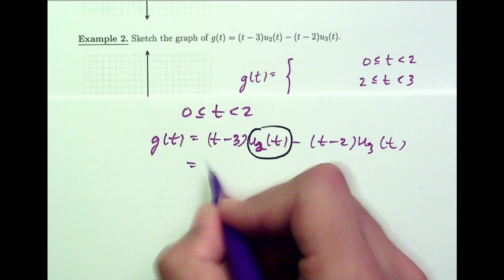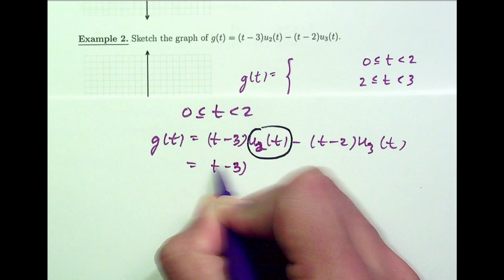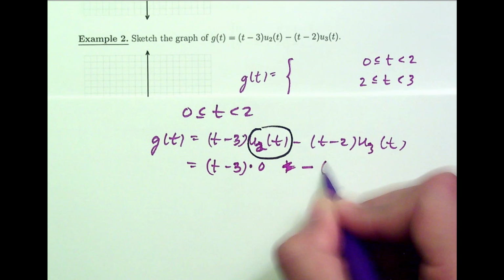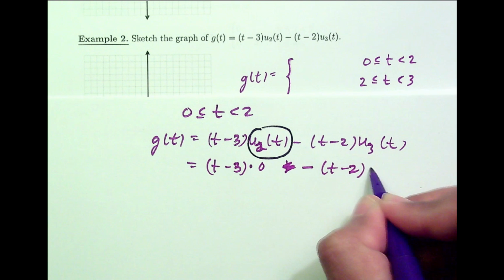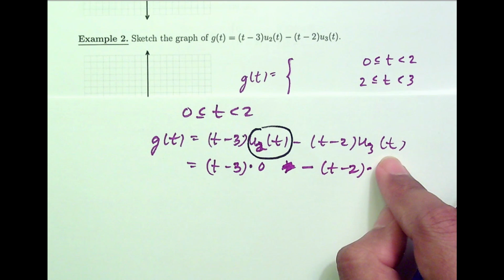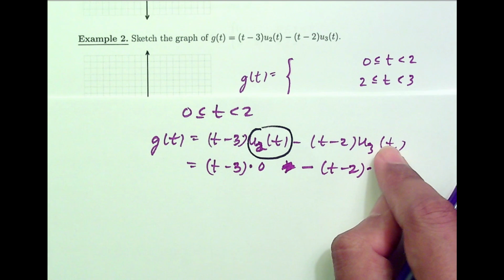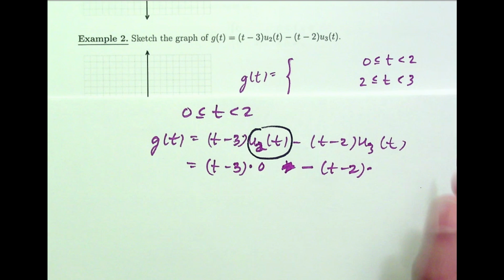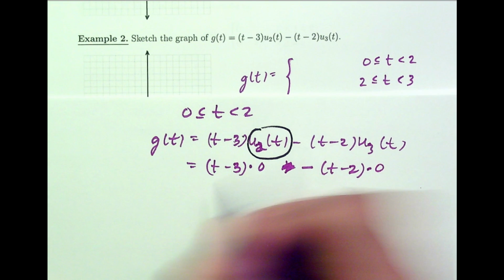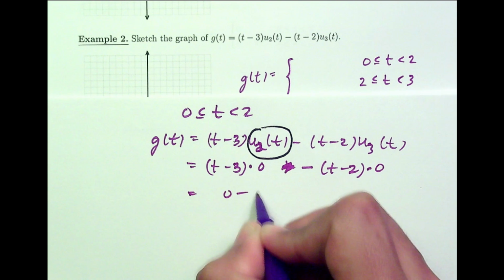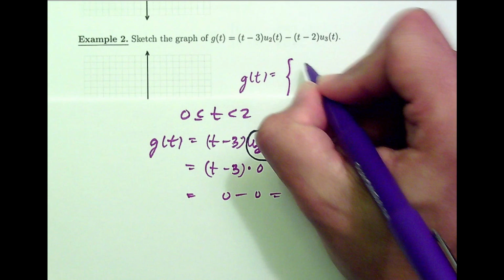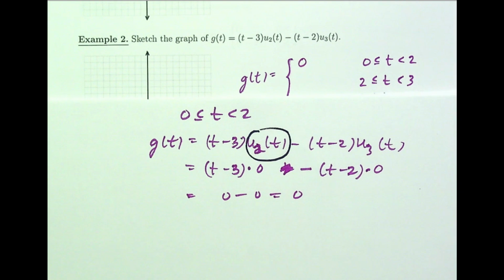So this is going to be t minus 3 times 0 minus t minus 2 times, now if I plug in a number smaller than 2, this is also 0. That one is also 0. So you get 0 minus 0, which is 0. So between 0 and 2, this is 0.